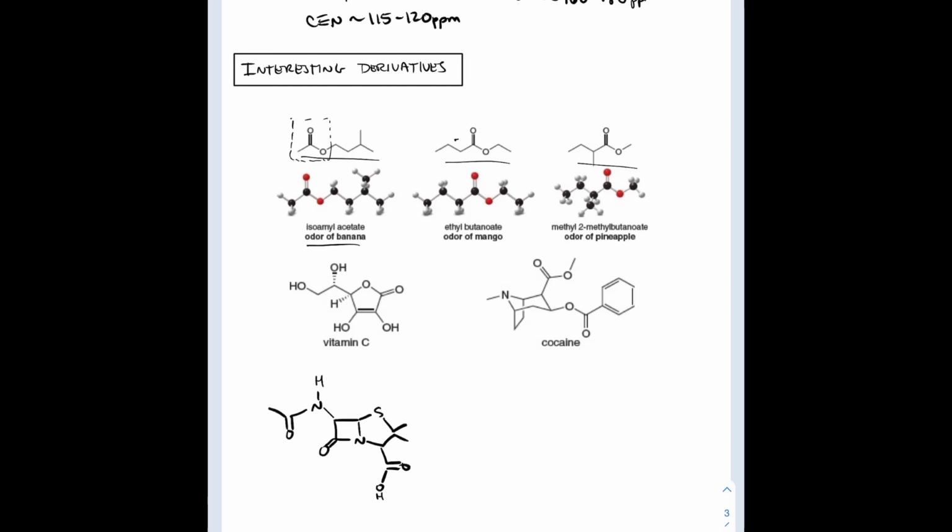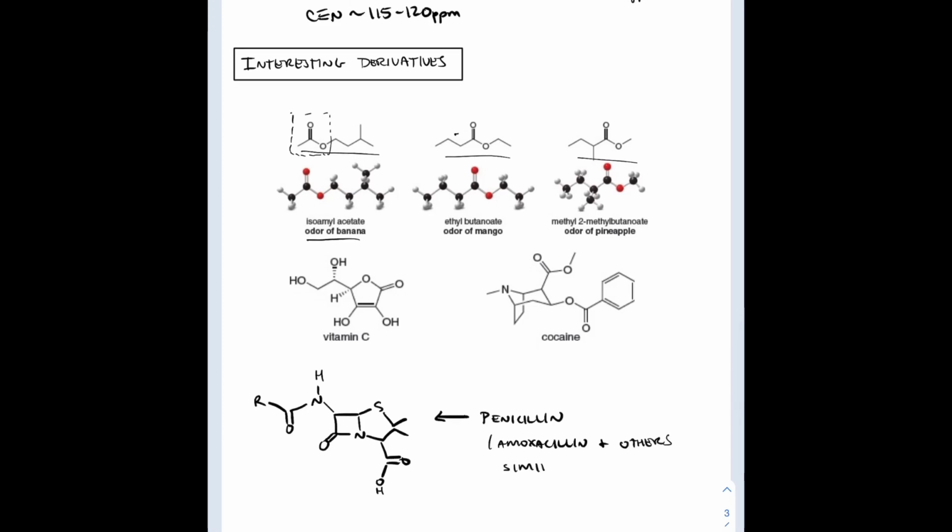And another really cool one is antibiotics. Antibiotics have the beta lactam, remember lactam, that structure within, and on the far left of this structure of penicillin is an R group, and that's because there are subtle differences in the R group to give you different types of penicillin.